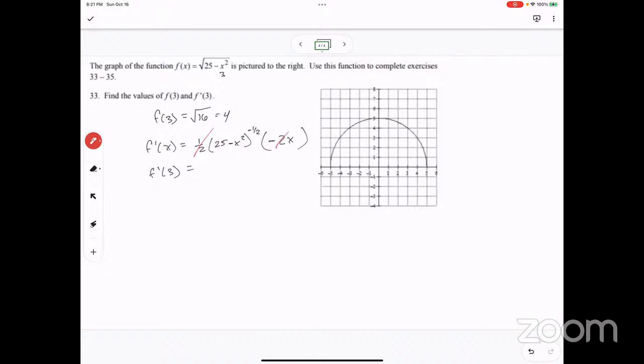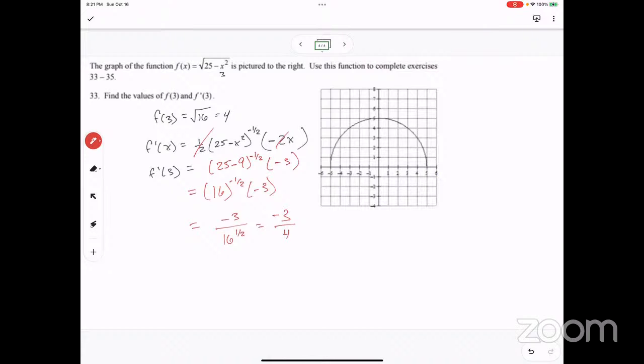So it's going to be 25 minus 9 to the negative 1/2 times negative 3. So this is 16 to the negative 1/2 times negative 3. 16 to the negative 1/2 means that 16 to the 1/2 power is on the bottom, which of course is just 4. So negative 3/4 is your answer.